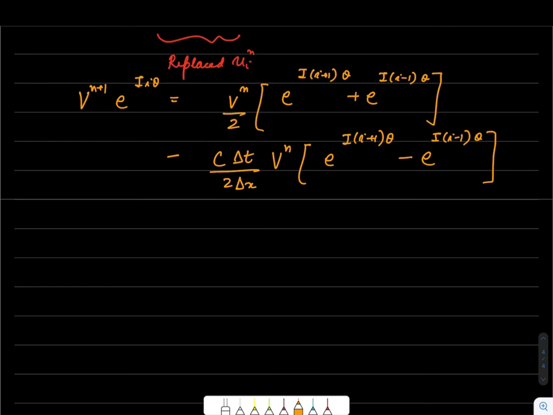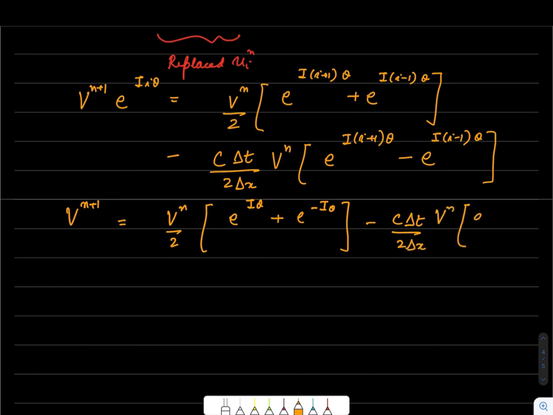So let's simplify. I can divide both sides by e to the power i theta. So we'll have Vn plus 1 equal to Vn by 2. In the brackets we'll have e i theta plus e minus i theta, minus c delta t by 2 delta x, Vn will now have e i theta minus e minus i theta. Note that this does not change because we've still used the same differencing. It's just that this side is actually being changed by this modification.